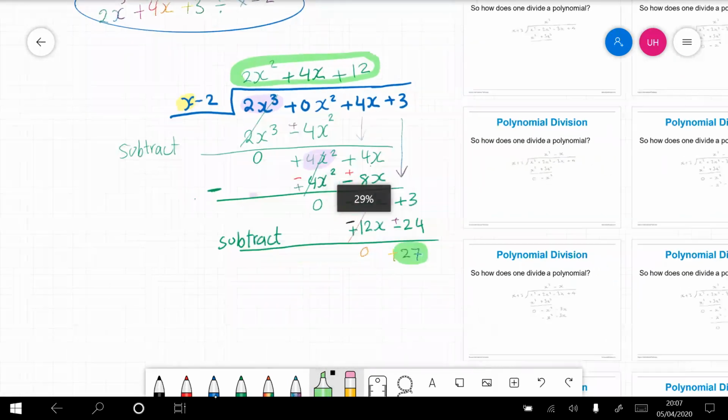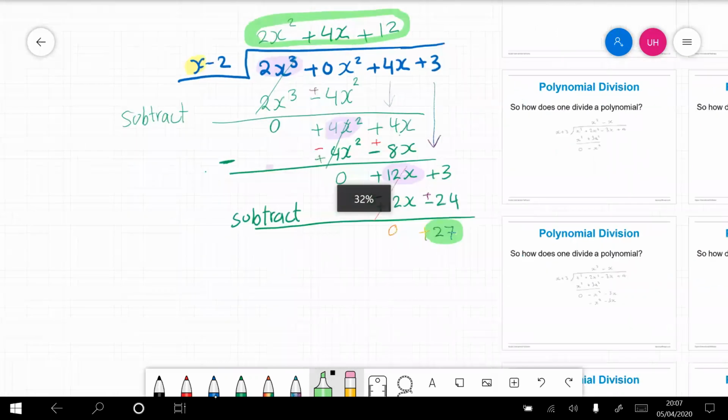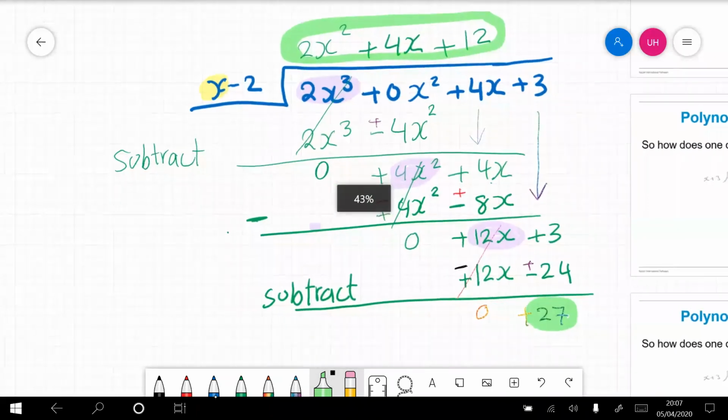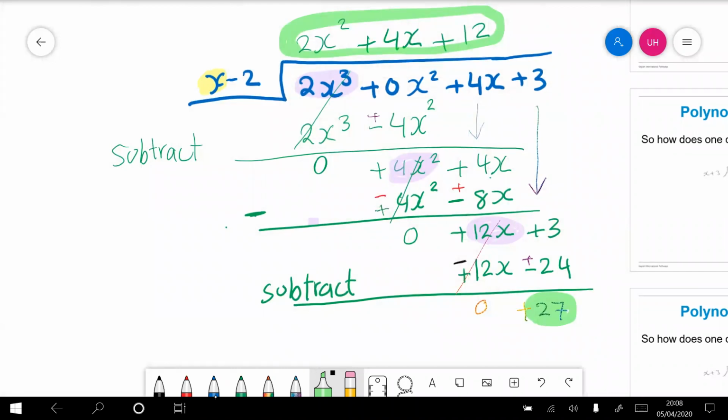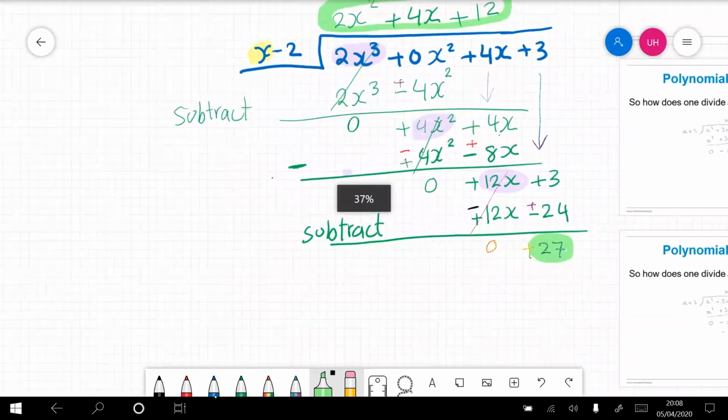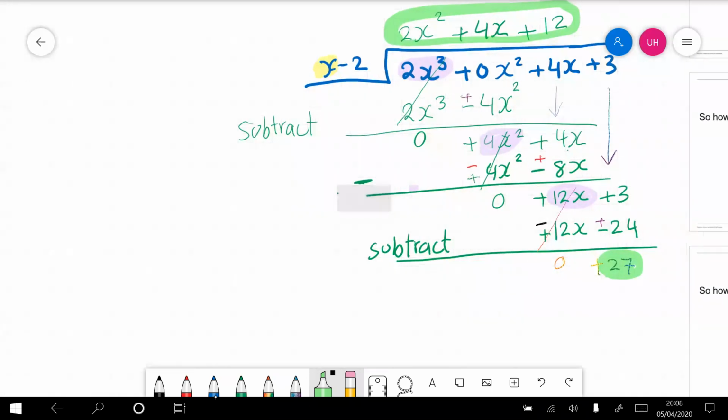Okay, so if we look, actually this is an example from the book, not from the lecture here. And what they ask in this question, they said if x minus 2 is a factor, which is what we divided by, use algebraic long division, that's what we did here, to write f of x, which is the cubic function, as the product, meaning multiplying, of a linear factor and a quadratic factor.